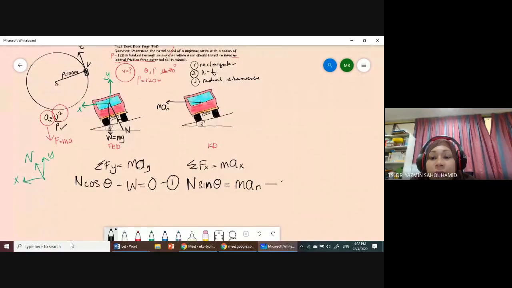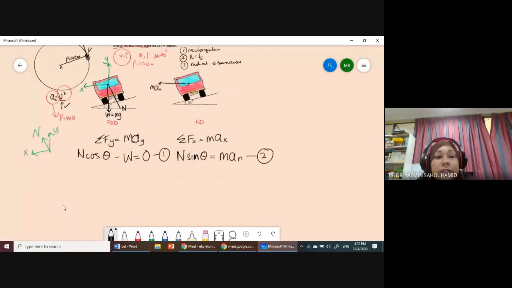How are you going to get a? Can you please find me a? Okay. Now, in order for you to find the velocity, you need to use equation number 2: N sin theta equals to m a_n.